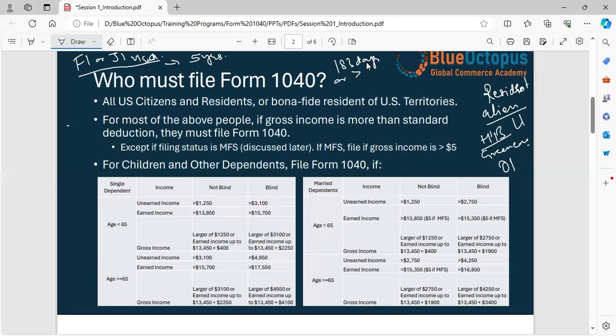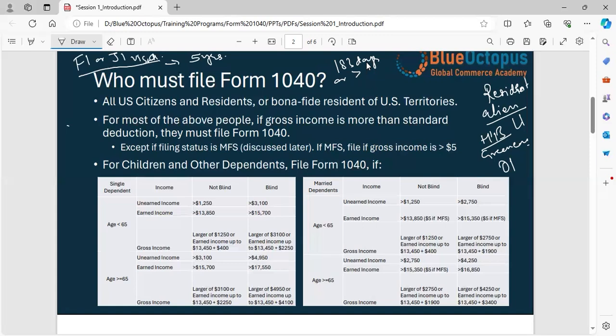So once we understand whether the individual is a US citizen or US resident, that person may have to file Form 1040. Now, what are the criteria required for these US citizens and residents to file Form 1040?